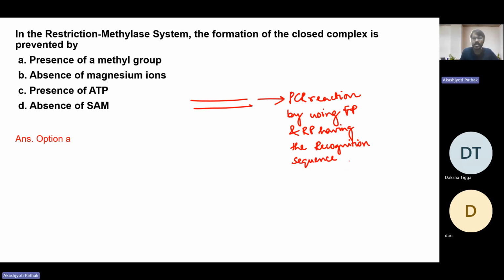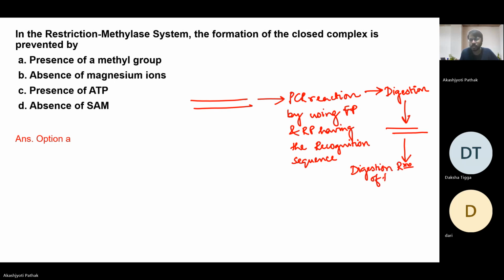Okay, having the recognition sequence, once this DNA is amplified, then we set up a restriction digestion reaction. Once you set up the restriction digestion reaction, you will have your gene of interest with the sticky ends. Now you will also set up the digestion reaction of the vector. So this was the digestion reaction of your amplified DNA product.